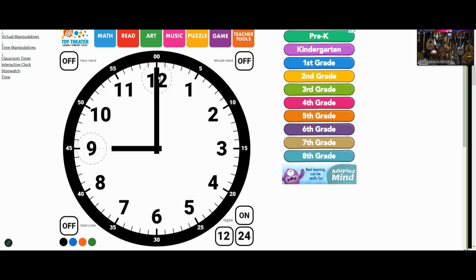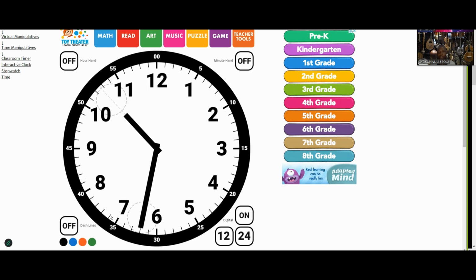Once the minute hand moves, that is 1 minute past 9, 2 minutes past 9, 5 minutes past 9, 10 minutes past 9, quarter past 9 or 15 minutes past 9, 16 minutes past 9, 20 minutes past 9. So between 1 and 29, you use minutes past the hour.